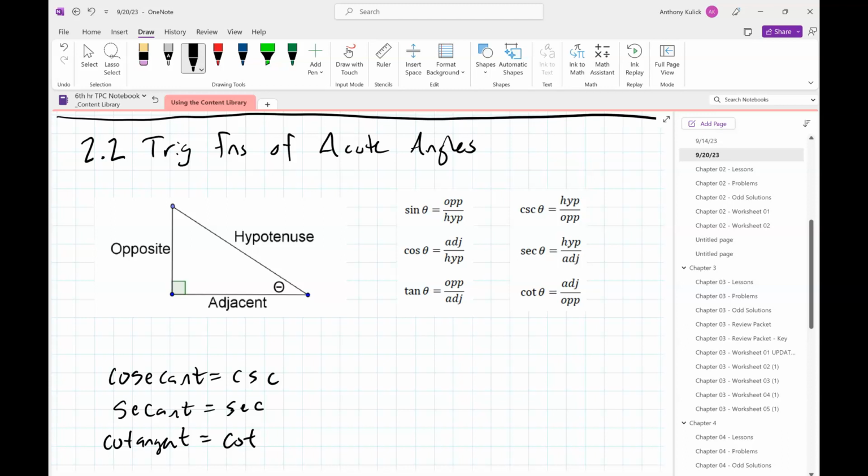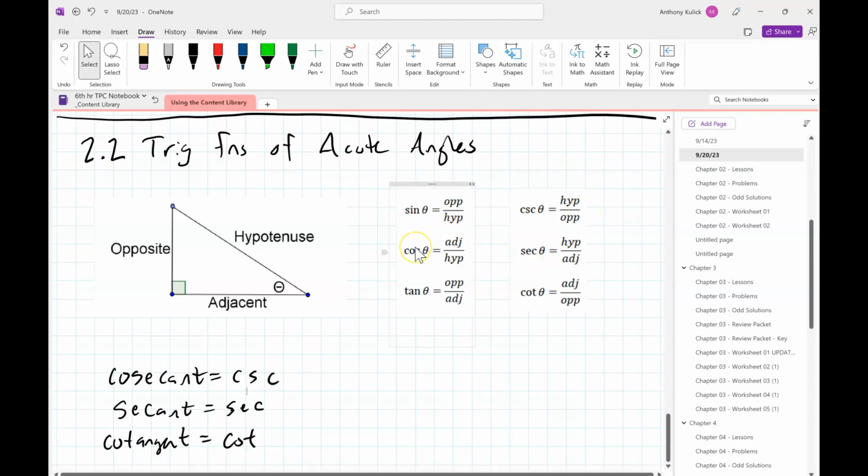Now, Mr. Kulik, does that mean I need to memorize another SOHCAHTOA thing? I'd say no. This is the way that I would remember this. I would just remember that sine and cosecant pair together because they are reciprocals, right? So if I remember that cosecant goes with sine, I know sine is opposite over hypotenuse, so cosecant is the reciprocal, hypotenuse over opposite.